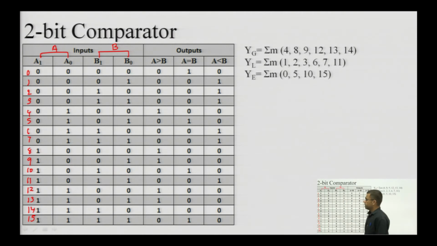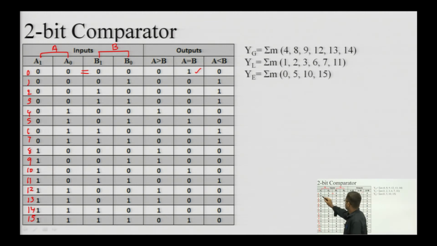So, we have simply written binary counting from 0 to 15, from which we will be analyzing which are the cases that make the lesser output high, which make the greater output high, and which make the equal output high. In the first row we can see that A1 A naught is equal to B1 B naught. So, that is why A is equal to B.